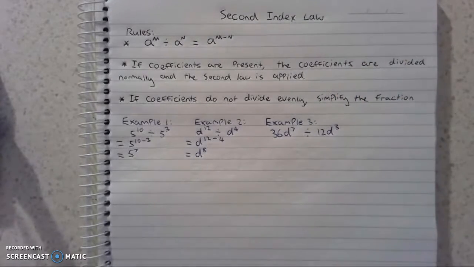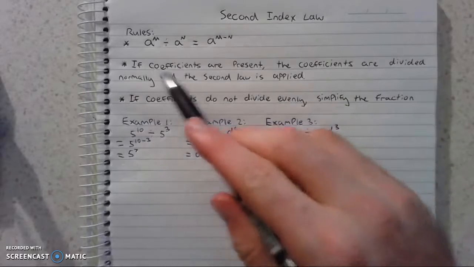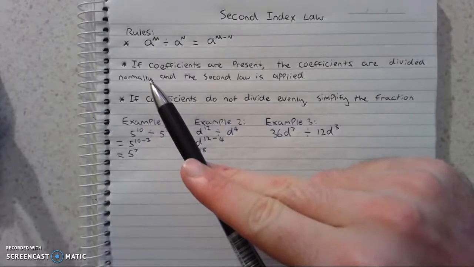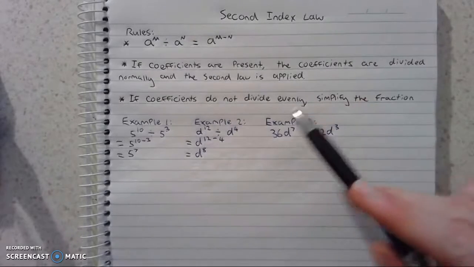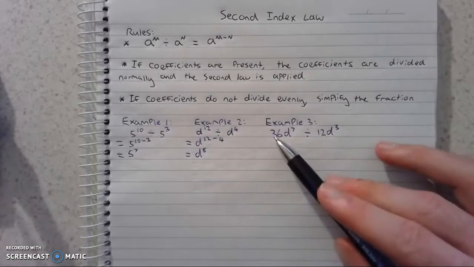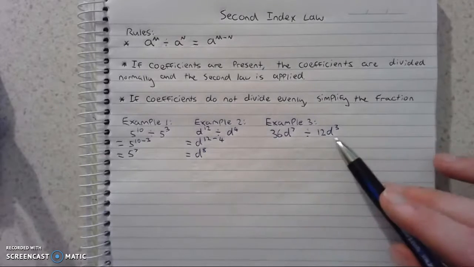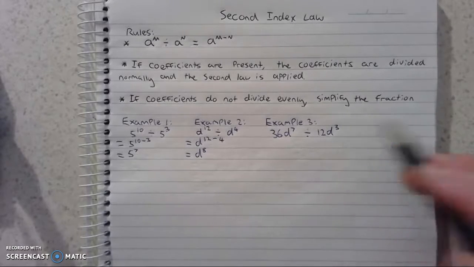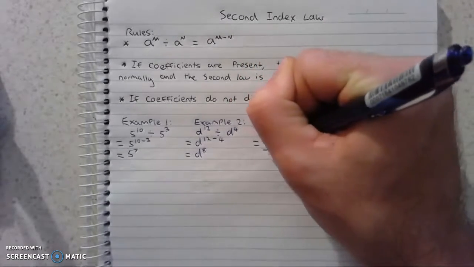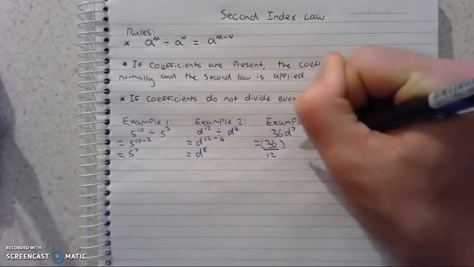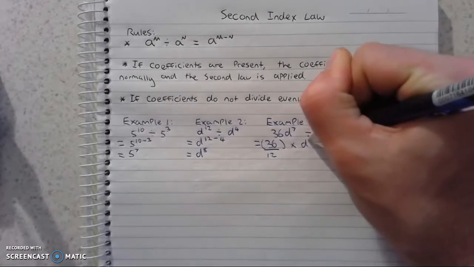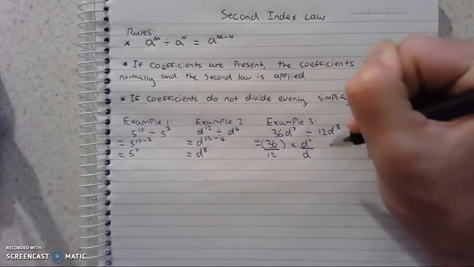Now we know that if coefficients are present, the coefficients are divided normally, just like in the first law of multiplication, and then the second law is applied. So we look at our coefficients, which we know are the numbers in front of our variables. So 36 and 12 are our coefficients. This would be 36 over 12, and then also d to the power of 7 over d to the power of 3.